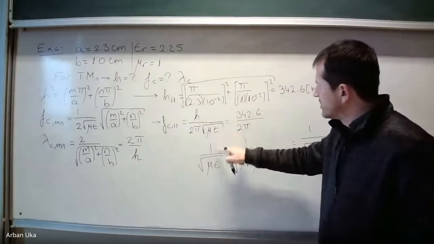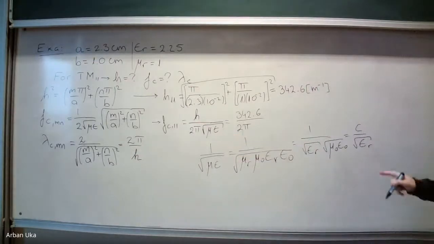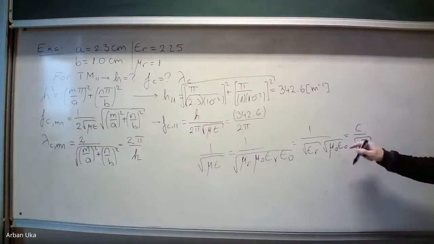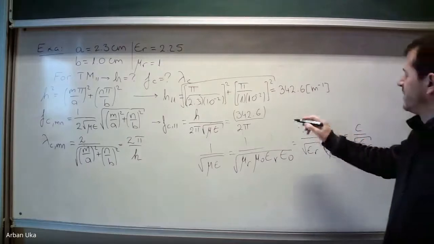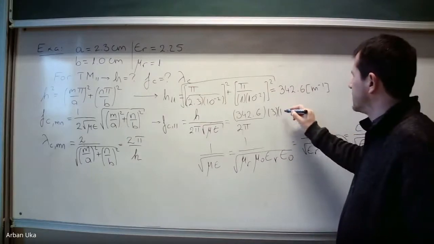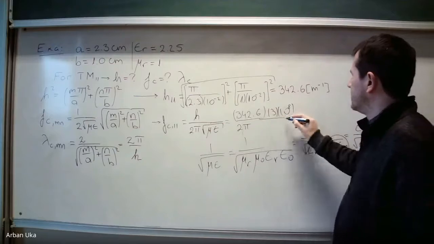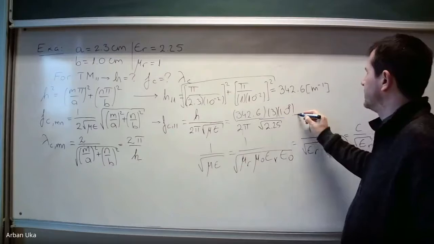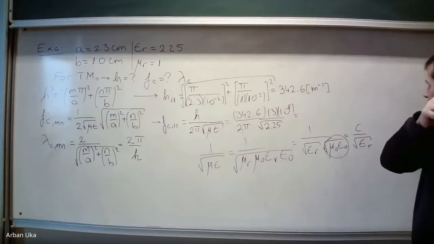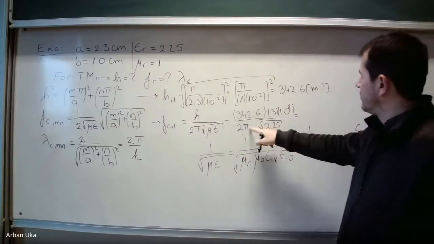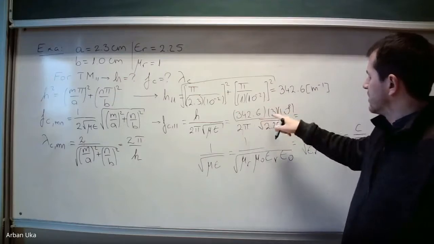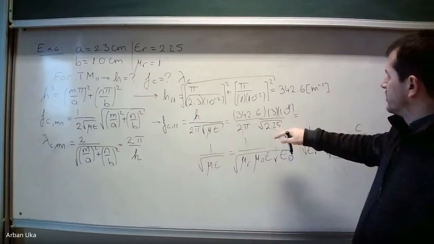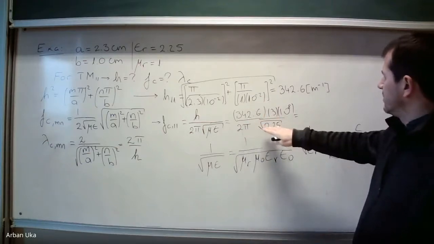So this term that we see here, this is the h, and this is the speed of light because it's hidden in here. Here we get 3 times 10 to the power 8 divided by the square root of 2.25. For the magnitude, we're talking about 2 pi, this pi can cancel this 3, and the square root of 2.25 is 1.5, so we can cancel the 3, leaving 1 over pi.